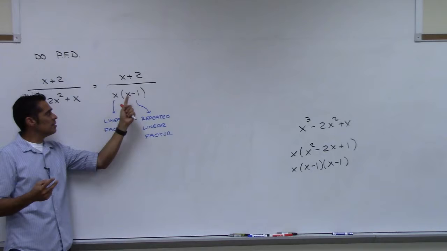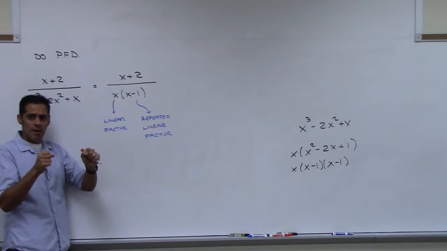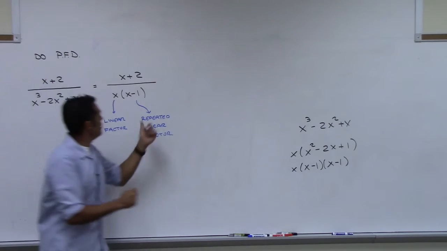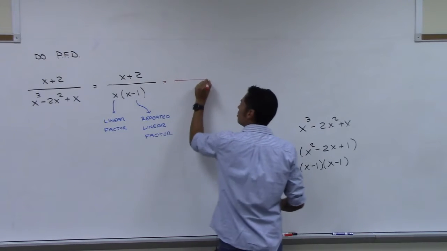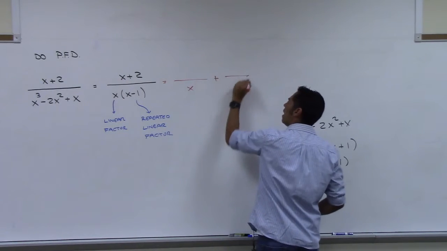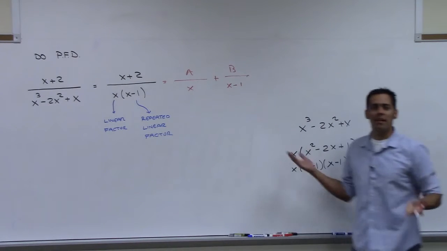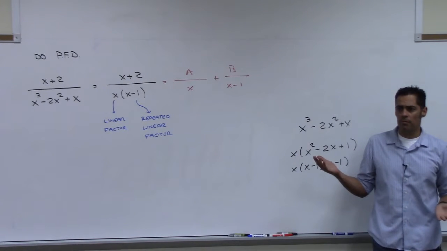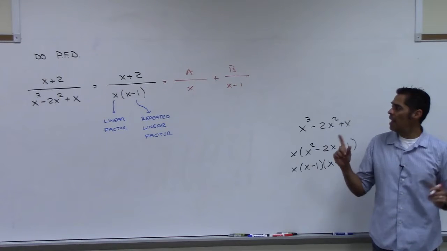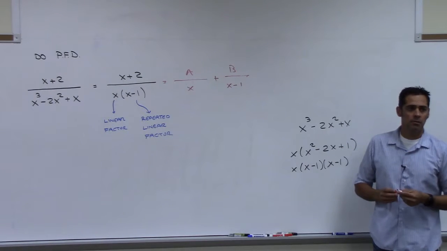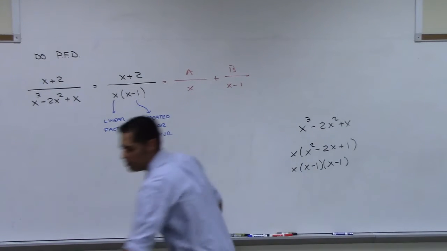This is a linear factor, that's a linear factor. They are different from one another, and we would have two distinct ones. So I would be saying that this turns into an x down here, and an x minus 1 here, and I come up with an a and a b, exactly like what I did in the previous problem. If that wasn't squared. It is squared, so we don't do that.